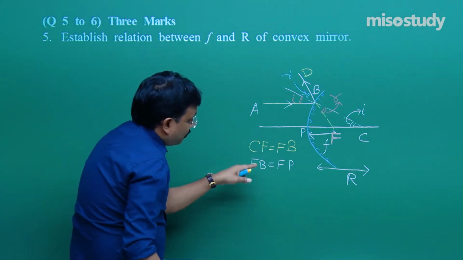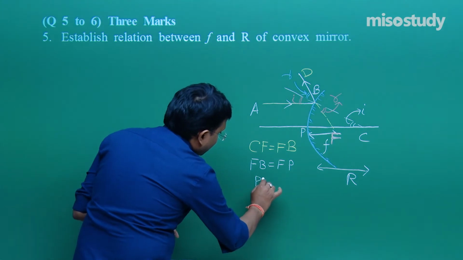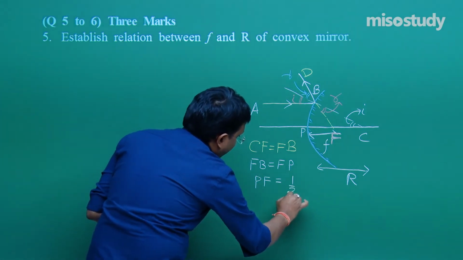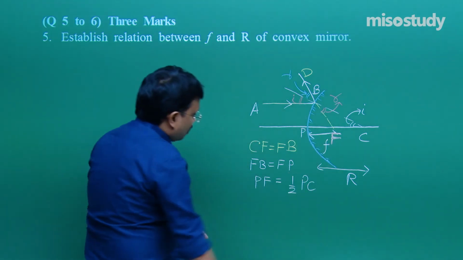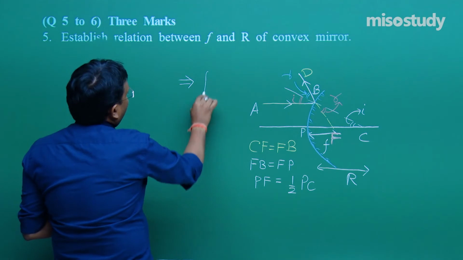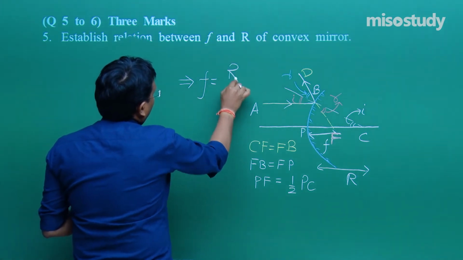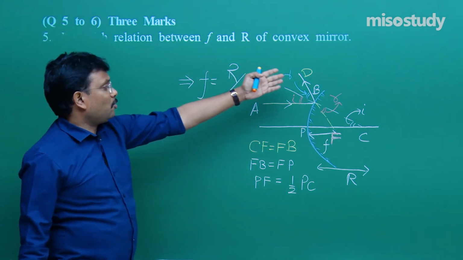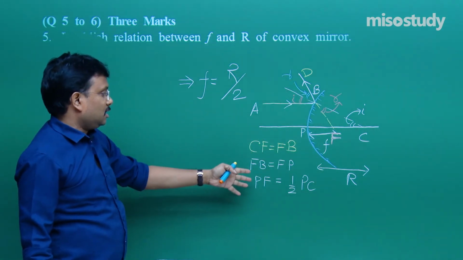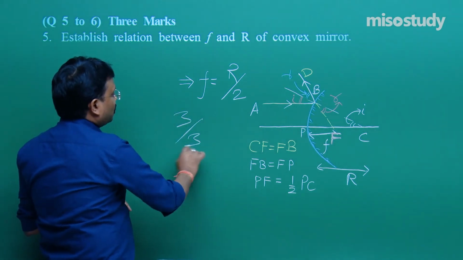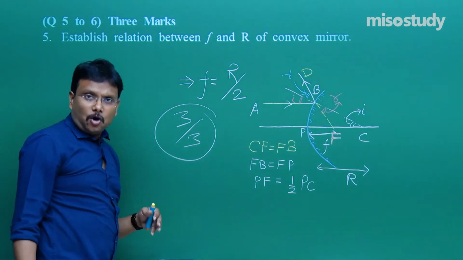Now from here if we put the value, then basically PF is equal to 1 by 2 PC. So from here you can say F is equal to R by 2, simple. So if in 3 marks you provide this much diagram and these 3 logical lines, you will get full 3 by 3, no one can stop, fine.